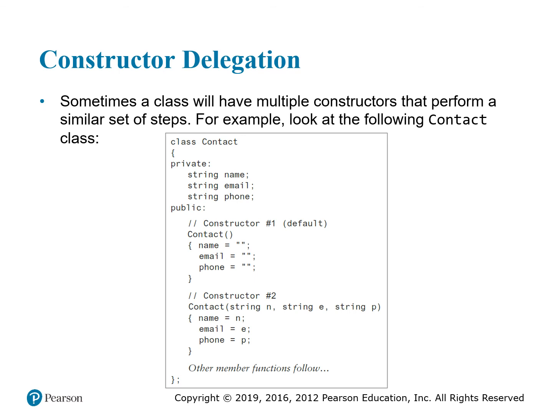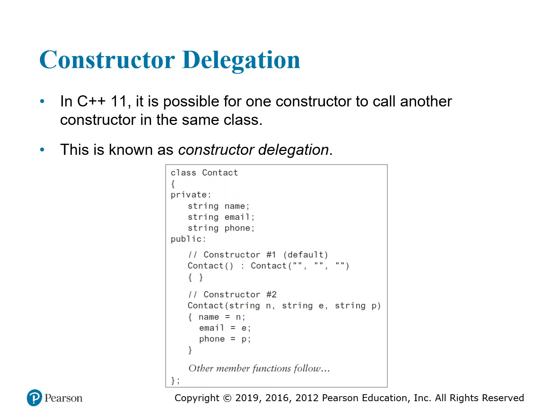There's also a cool thing called constructor delegation. If you have 2 constructors that do essentially the same thing, but one of them sets just null values and the other one sets actual values, constructor 1 can call constructor 2 with a bunch of blank values.